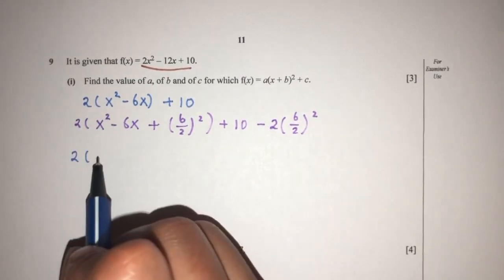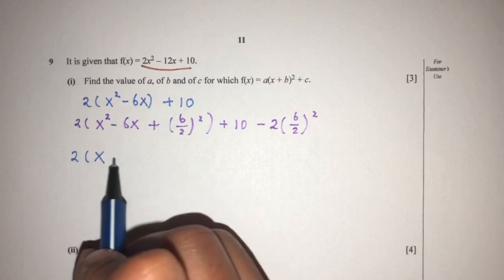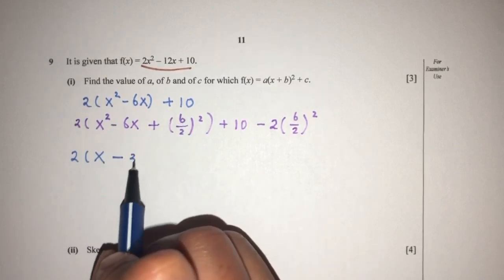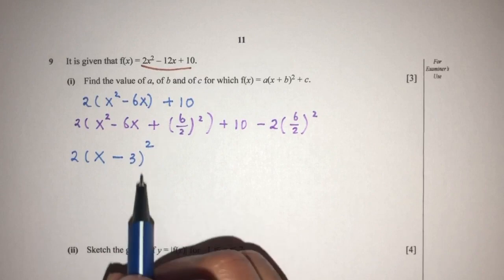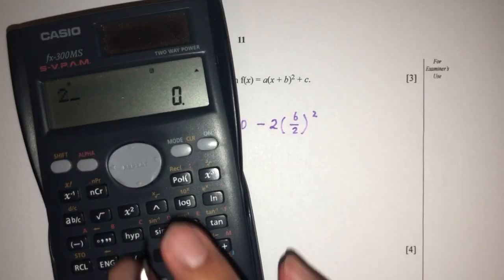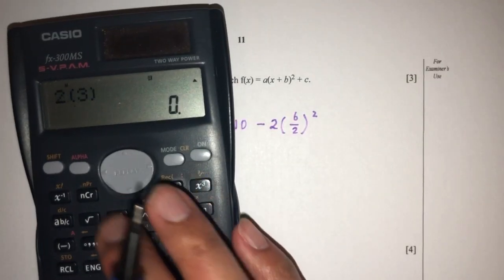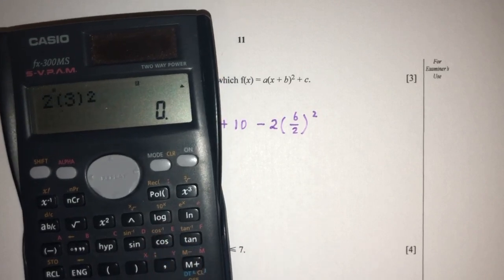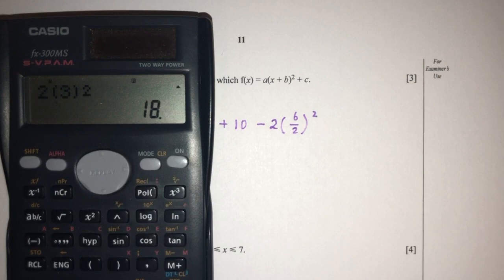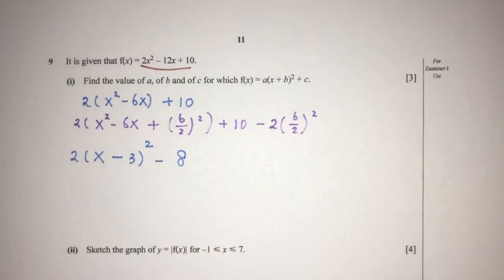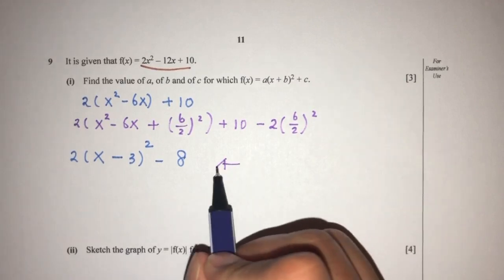Here we have x squared, that will be x. Here we have minus, become minus. Here we have 3. Here we have square, that will become square. Now this one will become 2 times 3 square, right? That will be 18, and we have 10 minus 18, that should be minus 8. So here we have minus 8. So this is shown as required, expressed in this way.